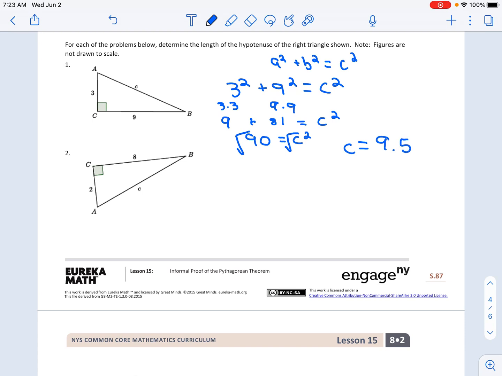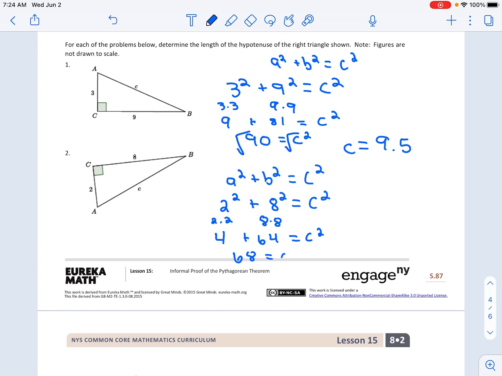All right, number 2, again, a squared plus b squared equals c squared. I have the straight sides 2, I'll make it squared, and the straight side 8, I will make it squared. 2 times 2 is 4, and 8 times 8 is 64. 64 and 4 make 68.